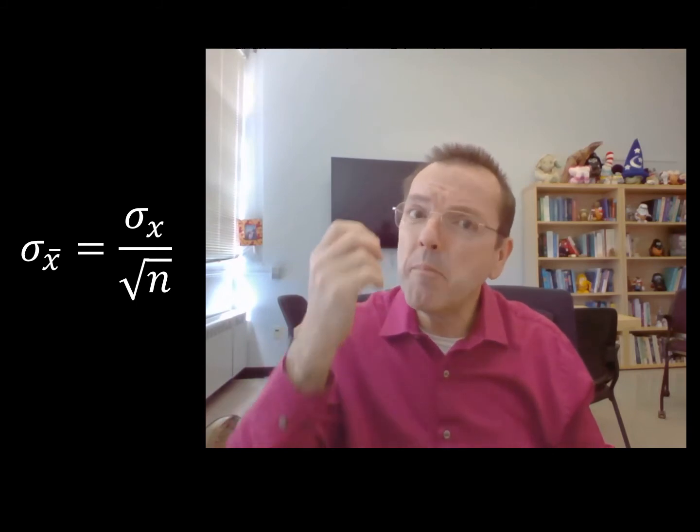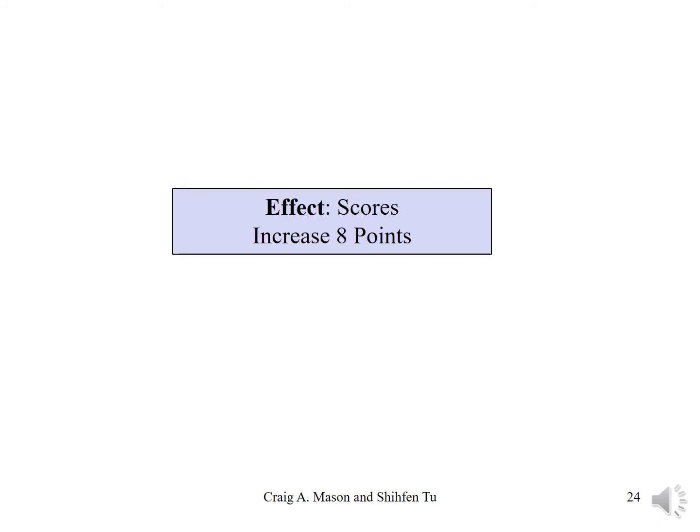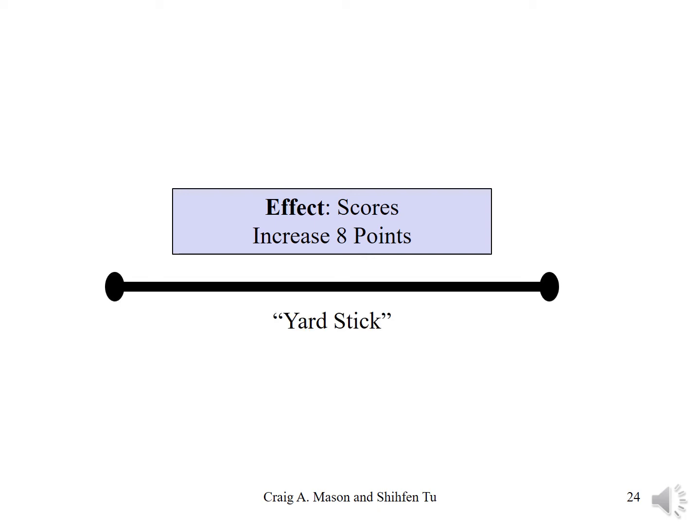It's true when we're measuring effects in research as well. Let's pretend that this blue box represents some effect. Maybe we found that the class average test score is 8 points higher following some intervention. The size of the box reflects how big the effect is. And here's our yardstick that we're using to measure if this effect is large or small, given what we might have expected randomly.